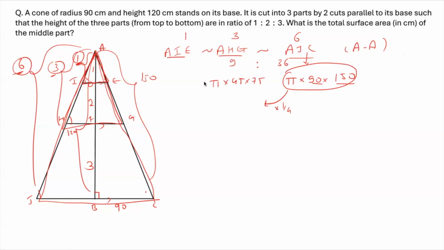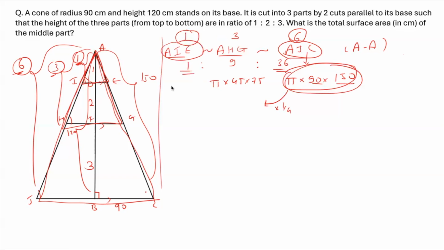So it's a very good way of visualizing the question, guys, if you can look at it this way. Similarly, the ratio of the areas of AIE and AJC will be the square of 1 and 6, that is 1 is to 36. So if this area is given to us, the curved surface area of AIE will be this entire thing divided by 36, or into 1 by 36.